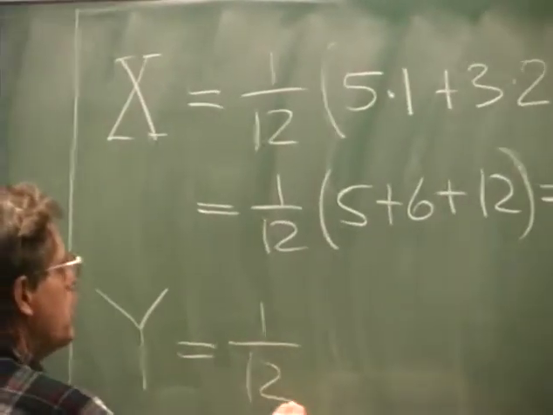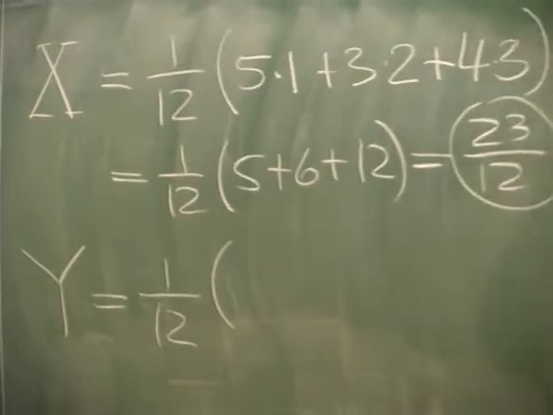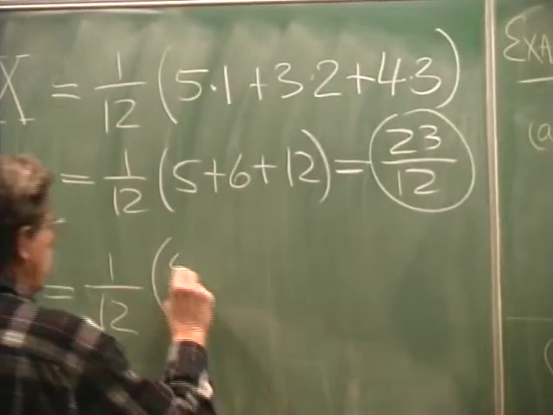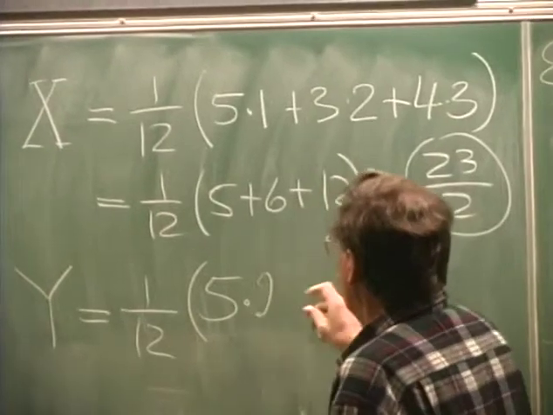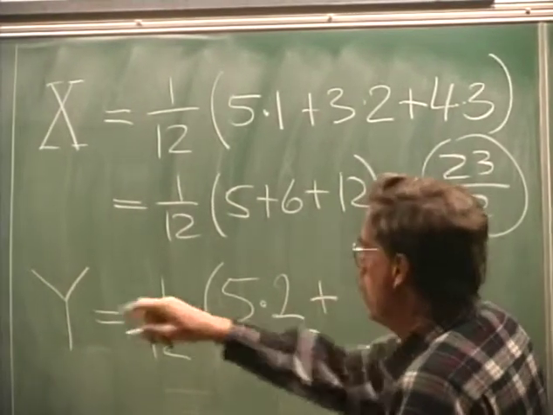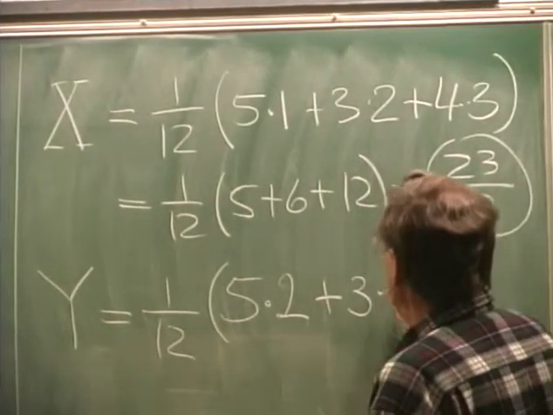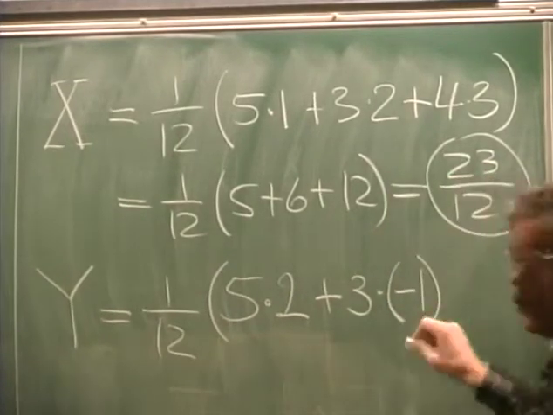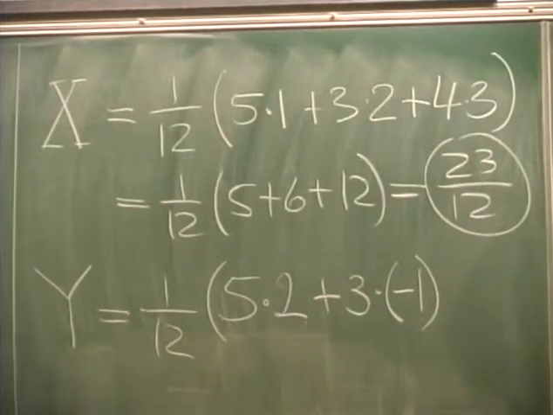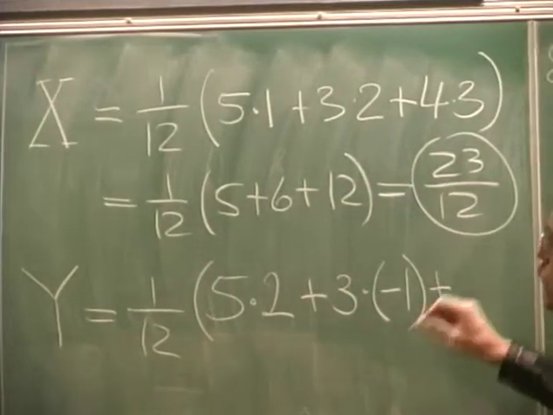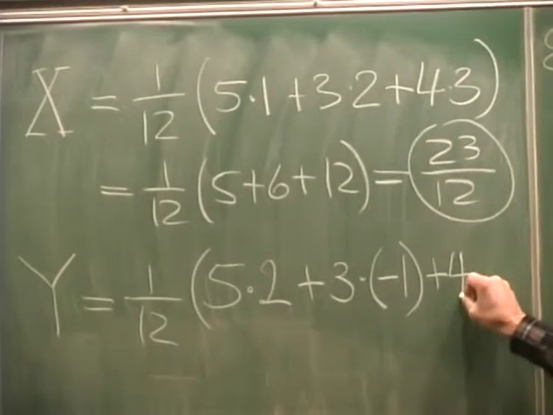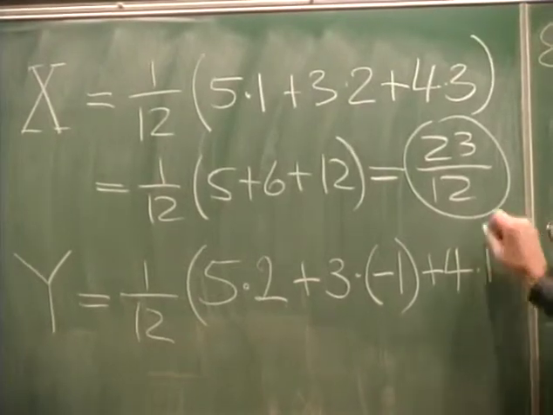This is 1 over 12 times 5. You tell me. 2. 2, good, plus 3, you tell me, minus 1, watch out for that, minus 1, take the signs literally, plus 4 times 1.